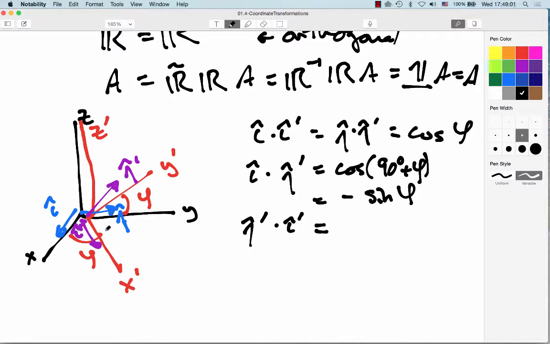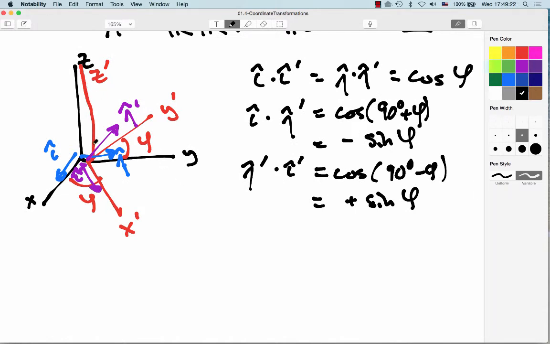Okay, so this whole angle here is 90. Then I'm taking out from it phi here. So this turns out to be the cosine of 90 minus phi, and that works out to just be plus the sine of phi.